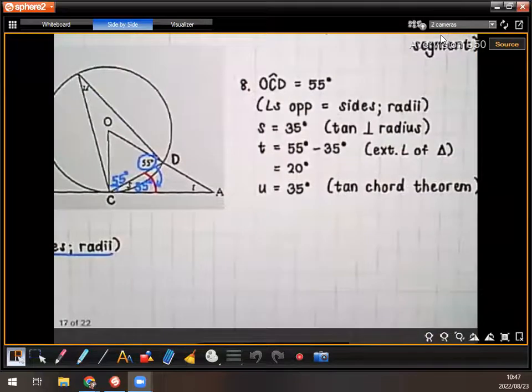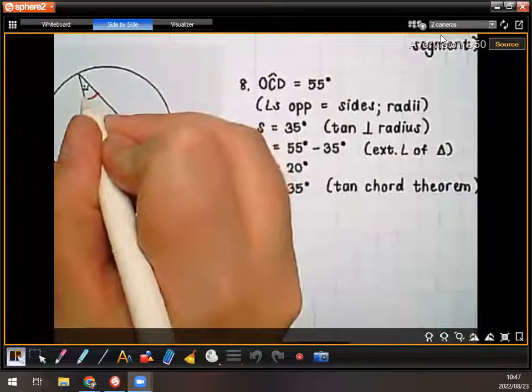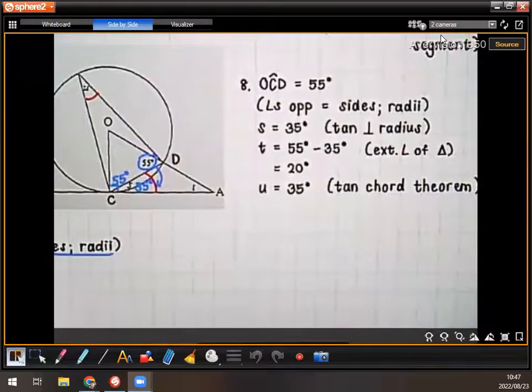Are you guys getting off this one? Like I said, we have a week to just keep practicing. So hopefully by the end of the week. Yeah, good luck.